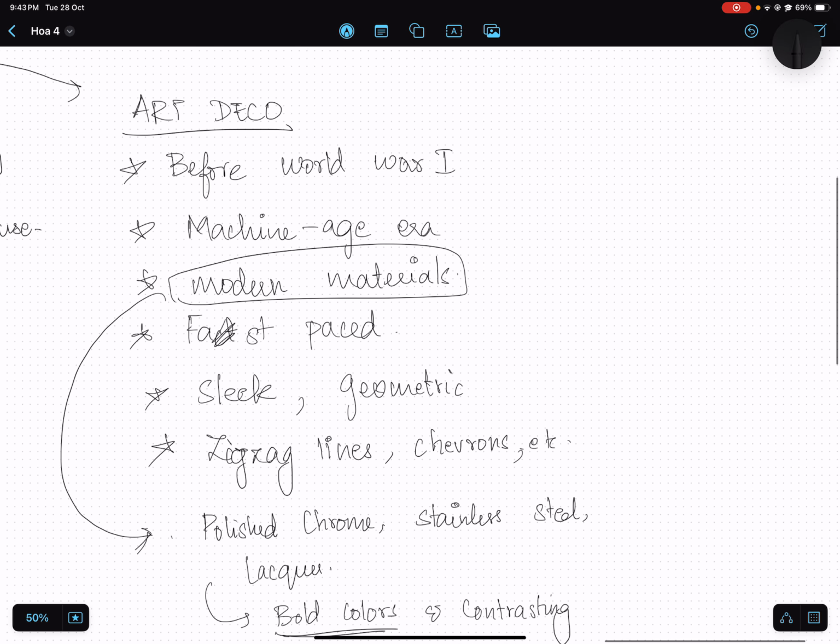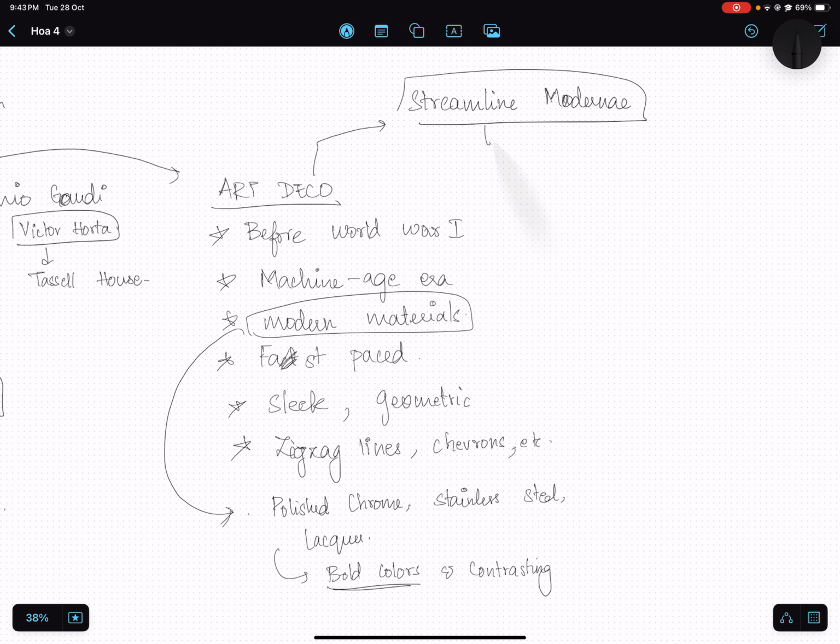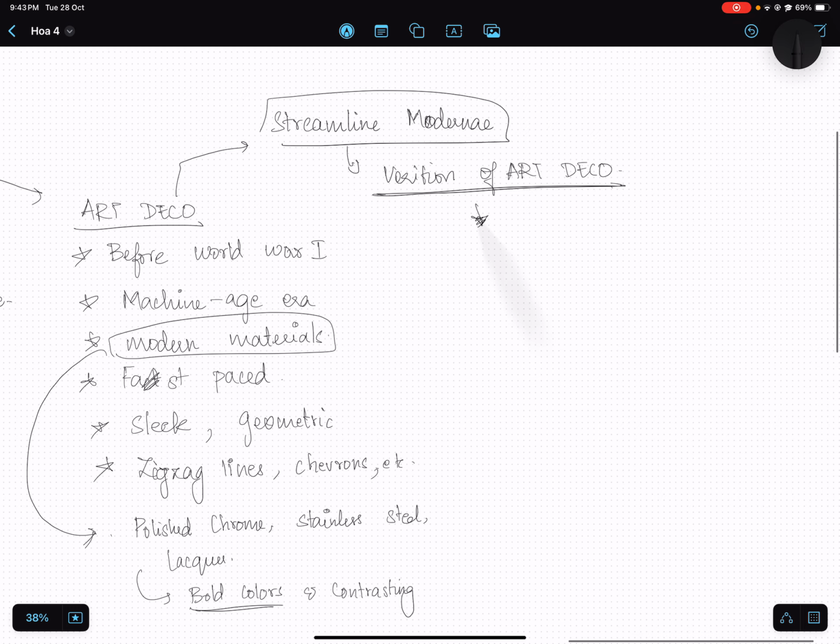Then Art Deco had a stripped down version of it, which was called the streamlined modern. It is a version of Art Deco which was deeply inspired by the curving nature of aerodynamics.